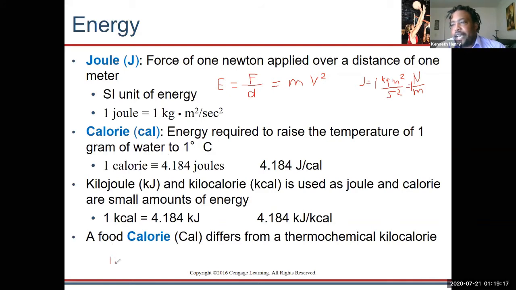So if I have 1 millicalorie, and that's an M, I know it's a funny looking M. How many millijoules is that going to equal?